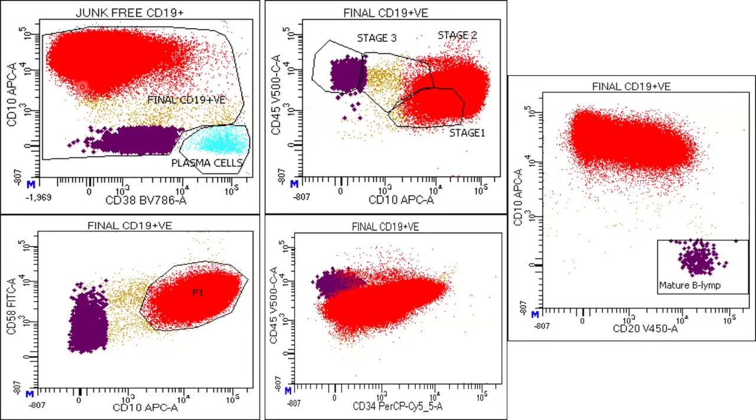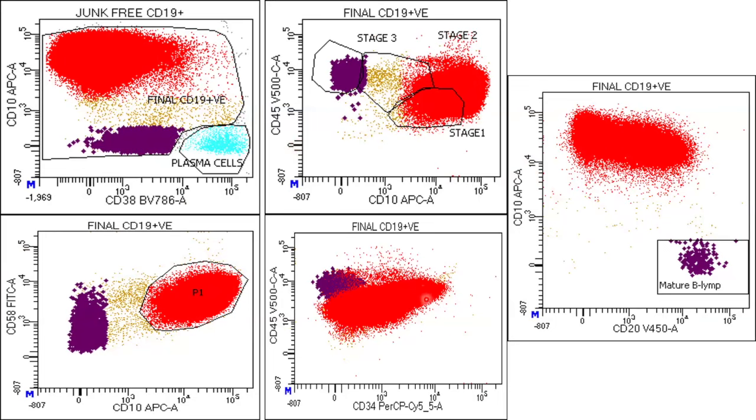Underexpression of CD38 is never seen on stage 1 hematogones, and CD20 heterogeneous expression is never seen on stage 1 hematogones. So these are the points that have to be taken care of, and this is pointing us that these could be abnormal leukemic cells.